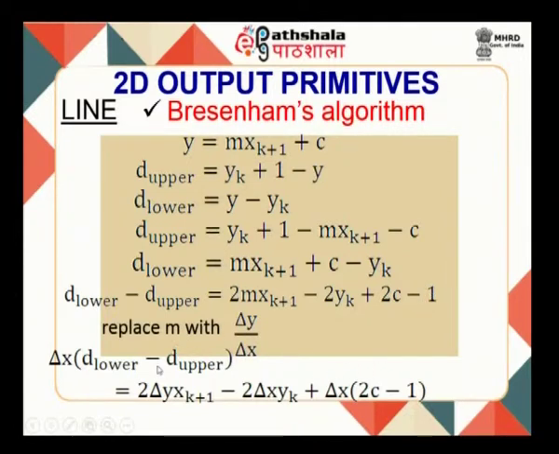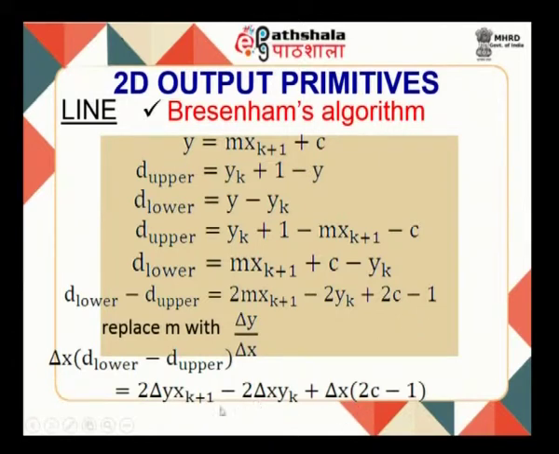If you look at this step, this delta x is multiplied onto the left with delta x into d lower minus d upper, and is equal to you multiply delta y with the rest of the term 2m into xk plus, that is 2 xk plus 1 into delta y minus, this delta x is to be multiplied on this side also, delta x is to be multiplied on either side. Okay. So, 2 delta y xk plus 1 minus 2 delta x into yk plus delta x into 2 c minus 1.